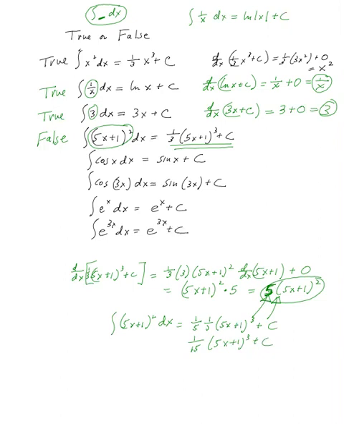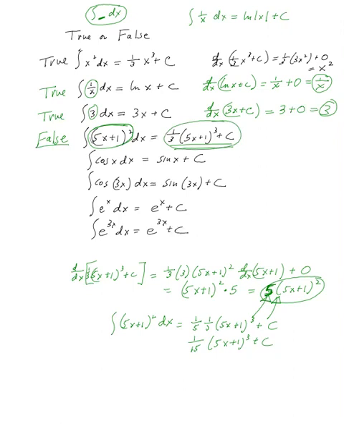Okay? You don't have to exactly follow what I just did, because we'll learn a method for doing that. But what's important to realize is that this fourth statement is false, because when I took the derivative of what I was given here, it did not match what sat in the middle of this anti-differentiation sign.